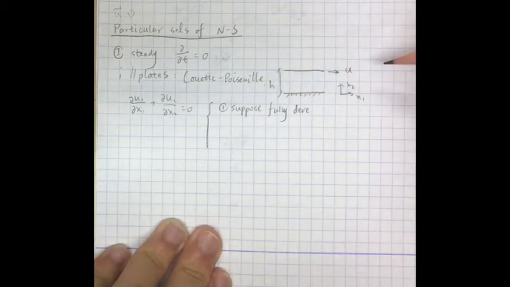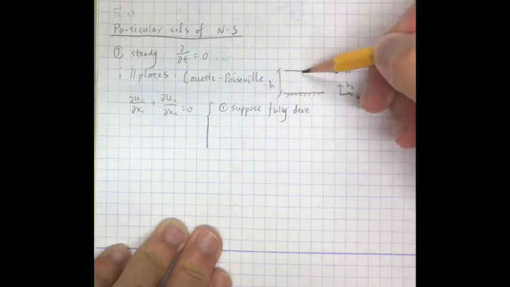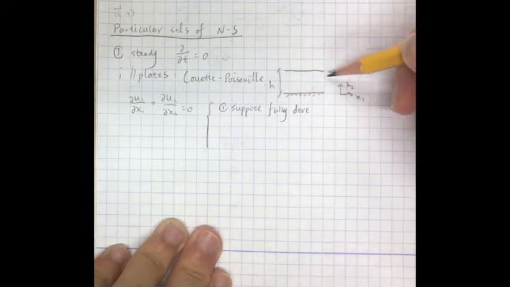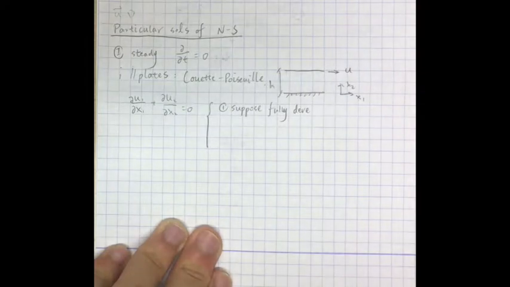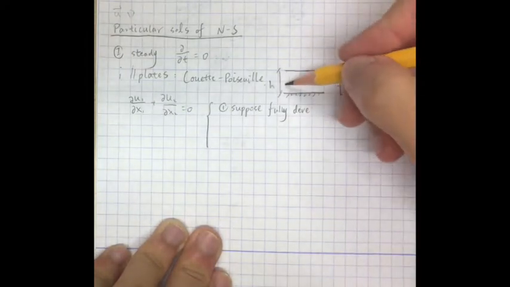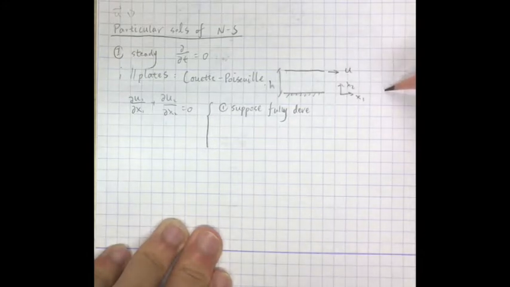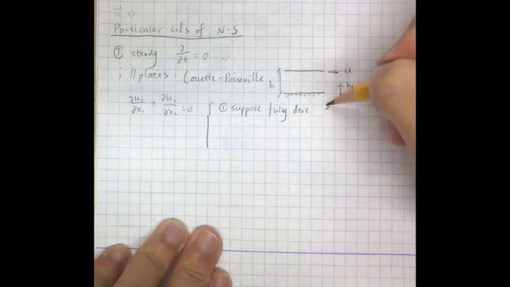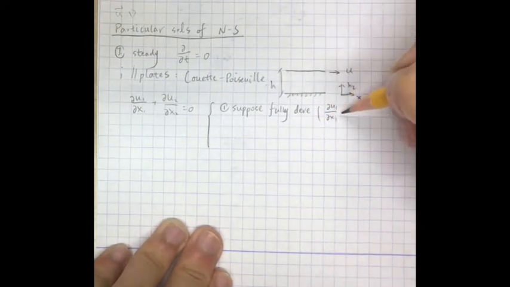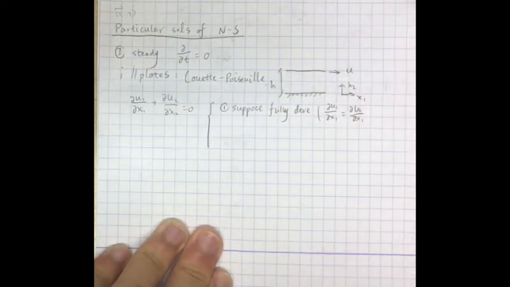The velocity profile in the upstream will be exactly the same as in the downstream, right? So it means the u velocity doesn't change with respect to the x1 direction, right? So du1/dx1 equals du2/dx1. Everything doesn't change with x1.